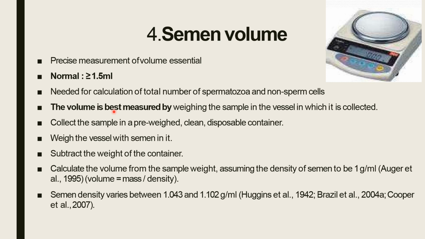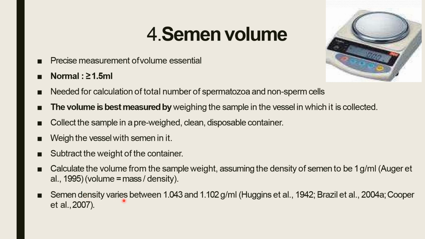So by using this method, we have to take a pre-weighed sample in a clean disposable container and then weigh it, and then we have already weighed the container, so we can subtract the weight of the container from the final weight of the sample and container, and then we can calculate by keeping the density of semen 1 gram per ml. So we assume it, so that would be the volume.